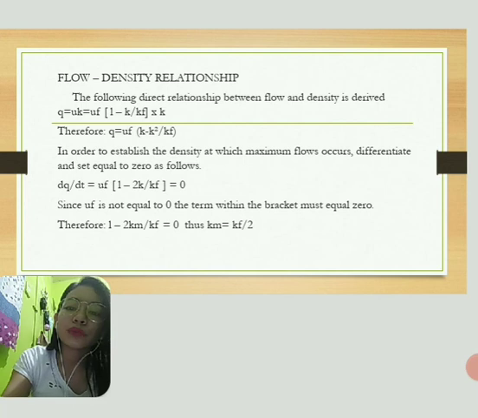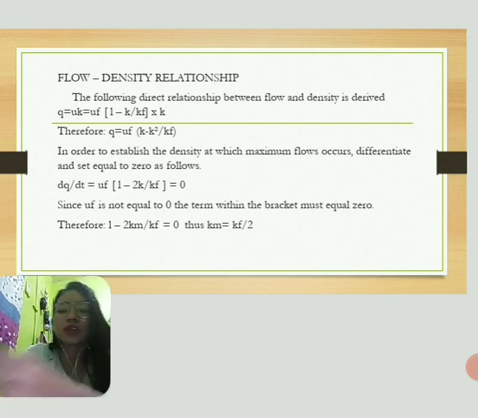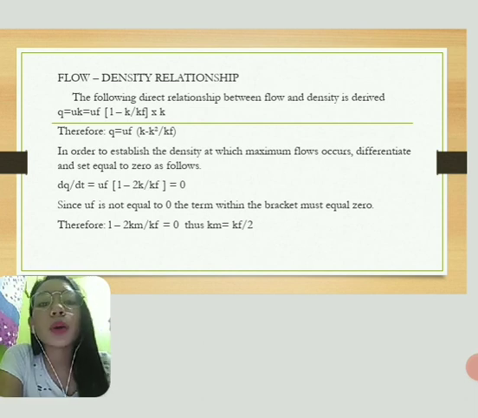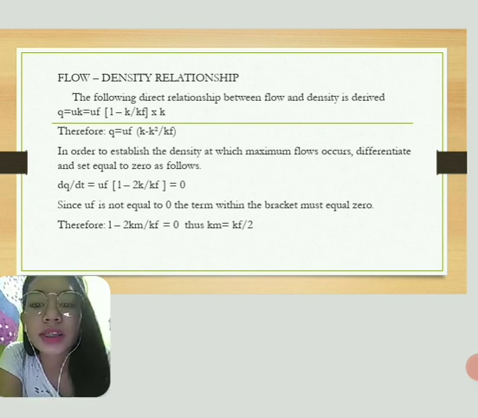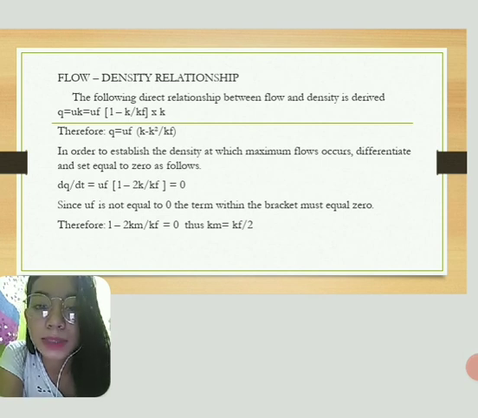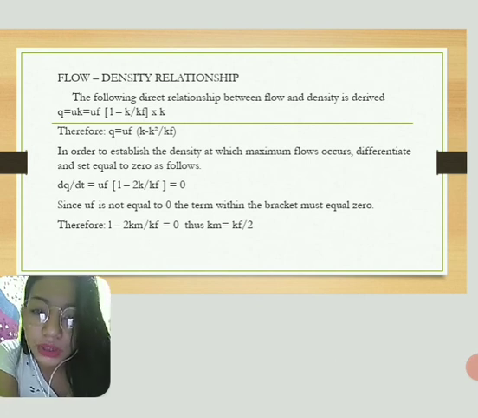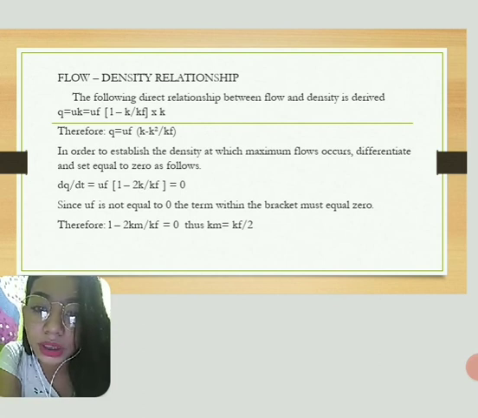Let's proceed to the flow-density relationship. The direct relationship between flow and density is Q equals U times K, equal to Uf times the bracket 1 minus K over Kf, times K. Therefore, Q is equivalent to Uf times K minus K squared over Kf.